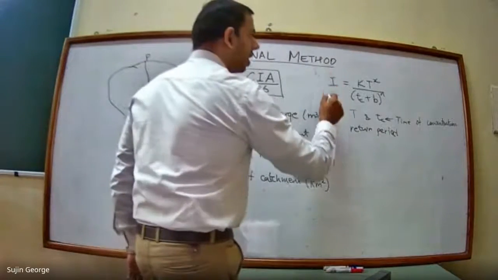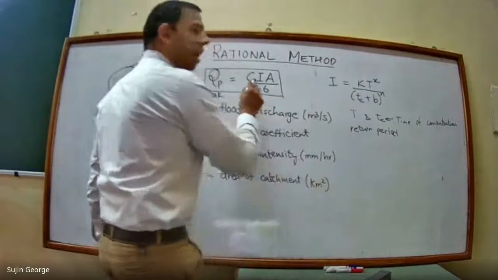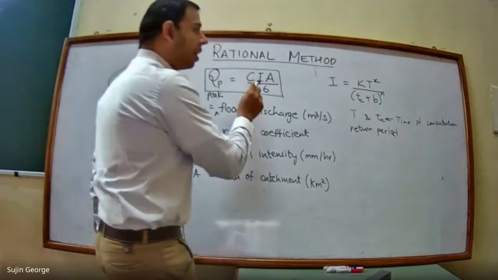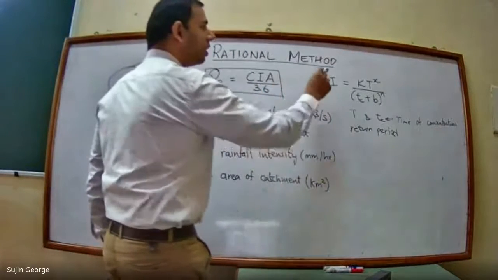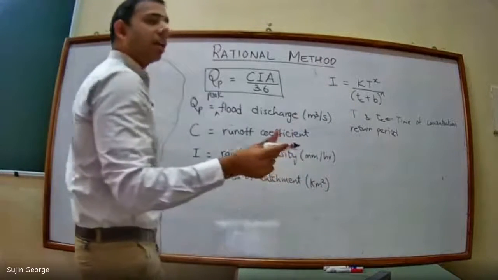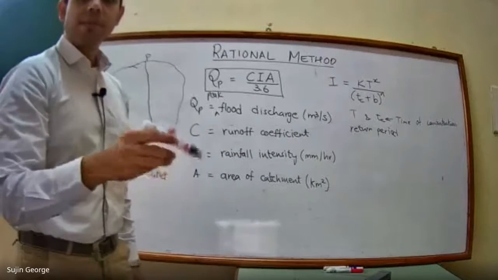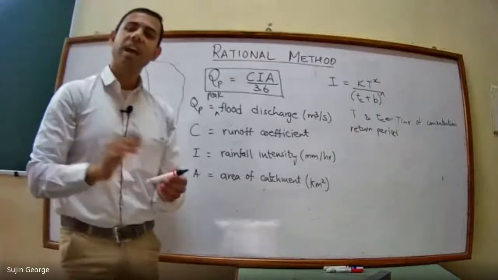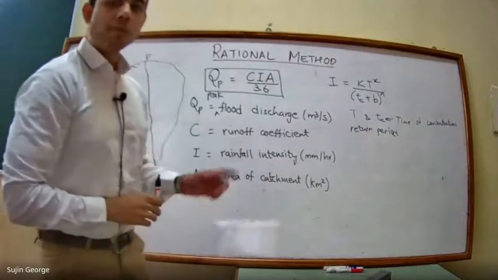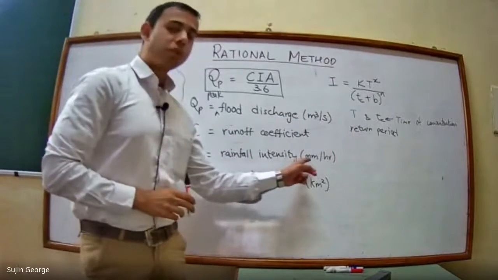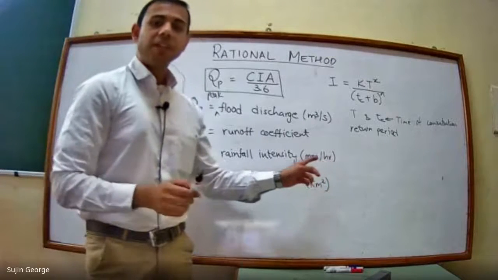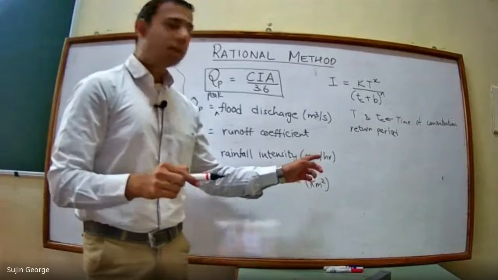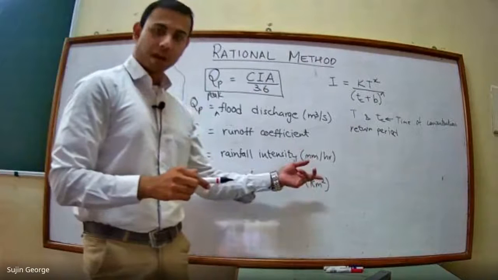So this formula is used to calculate the value of I in case I is not given to you. If it is given to you, you have to substitute that value itself. But you have to make sure that the I value should be in mm per hour. If it is given in centimeter per hour, then you have to convert it to mm per hour.